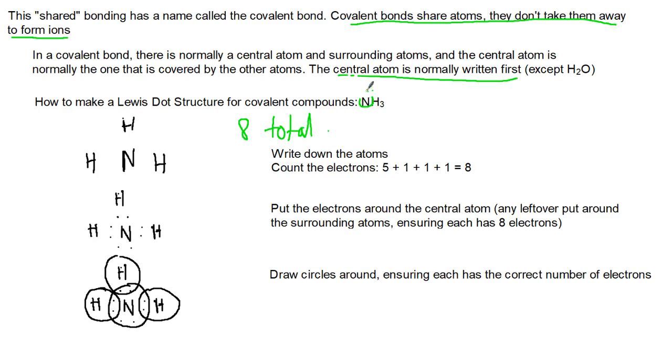So N is written first, right here, and H3 we put around it. Then you put the electrons around the central atom. If there isn't enough, or if the other atoms need more, we're going to talk about that later. But we draw circles around, ensuring that each atom has the correct number of electrons, right?